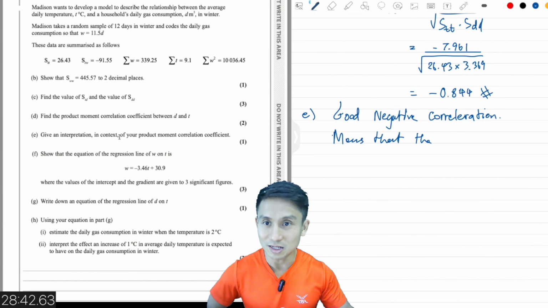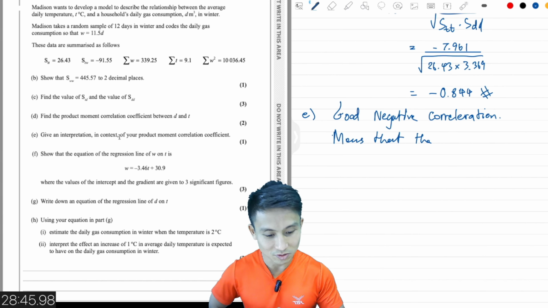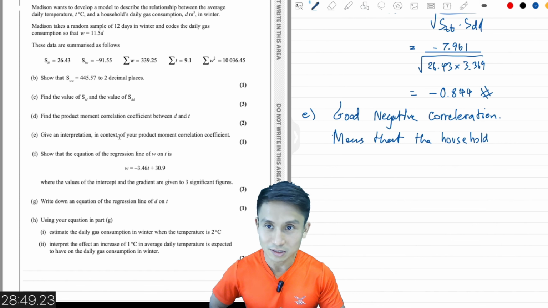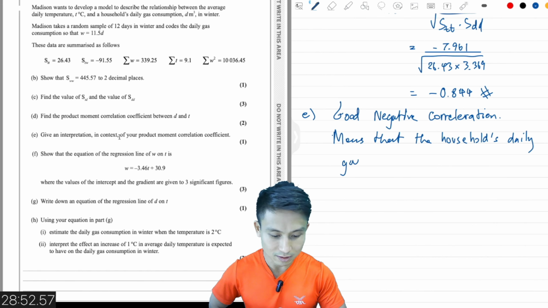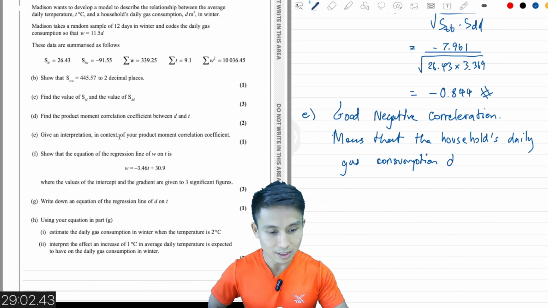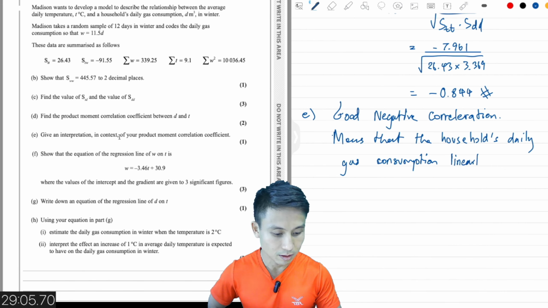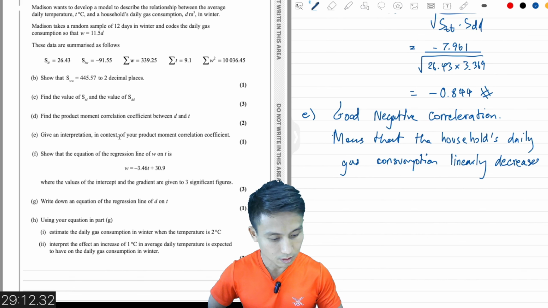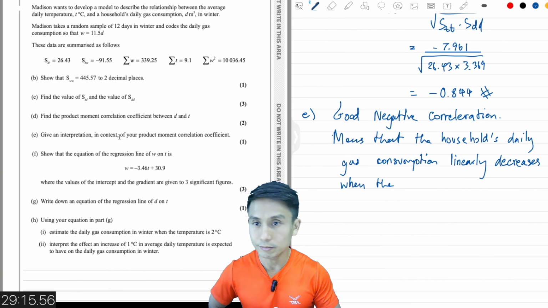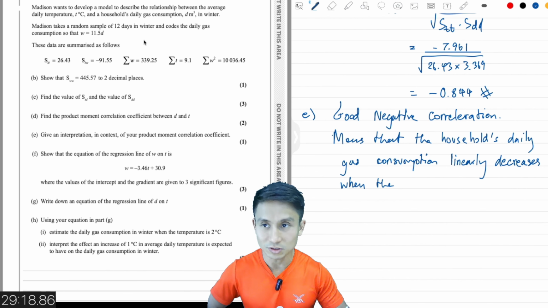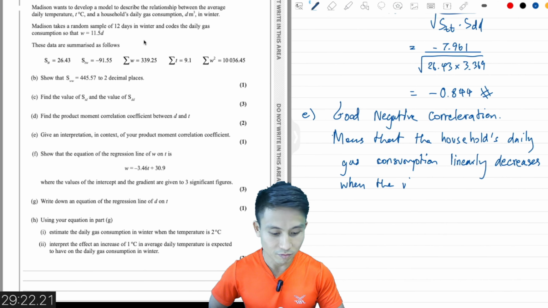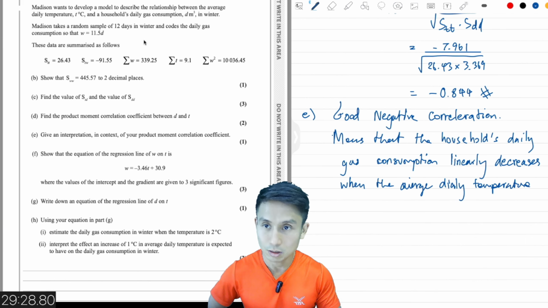So we say that D, which is the household daily gas consumption, linearly decreases when T, the average daily temperature, increases.